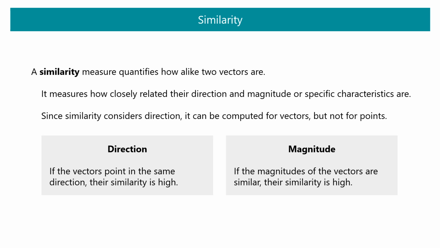Regarding direction, if the vectors point in the same direction, their similarity is high. Regarding magnitude, if the magnitudes of the vectors are similar, their similarity is also considered high. Similarity considers direction. Therefore, it can be computed for vectors, but not for points because points do not have direction.